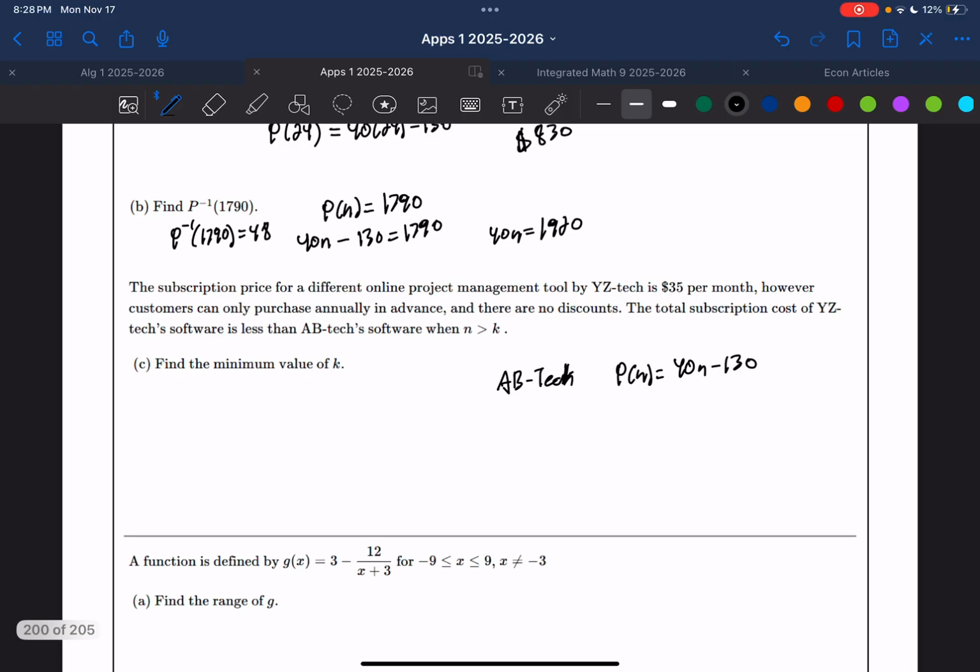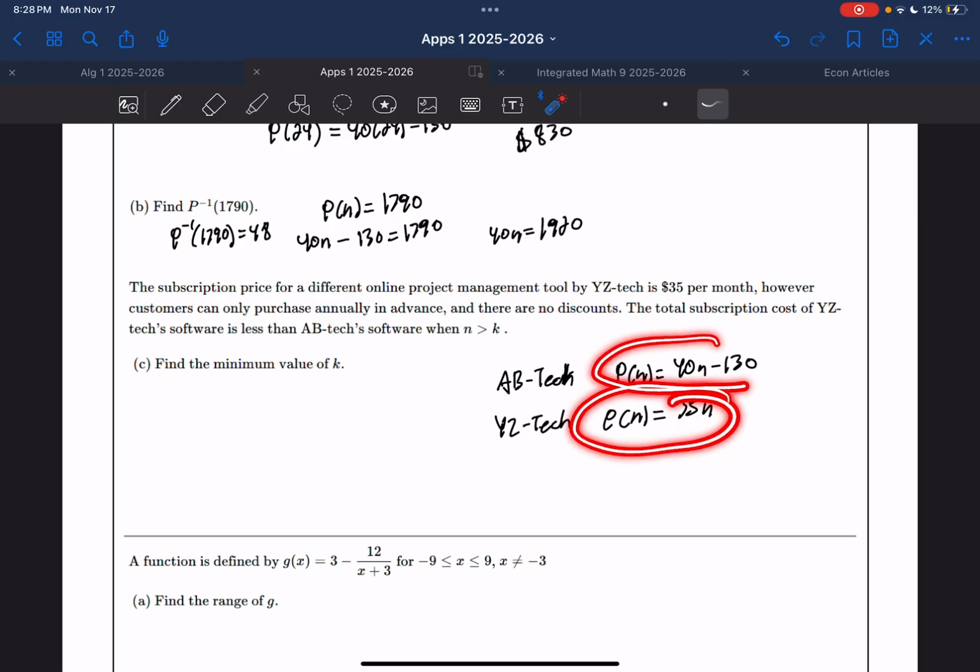And then YZ Tech is just modeled by 35n. And so our question is, what's the minimum value of n for which this is going to be cheaper than this?